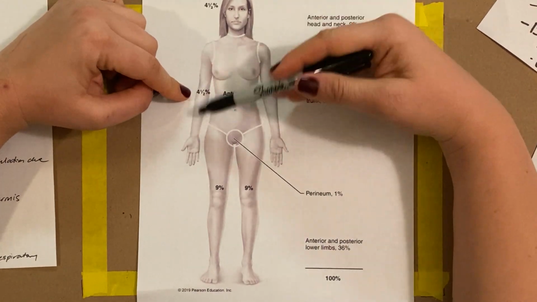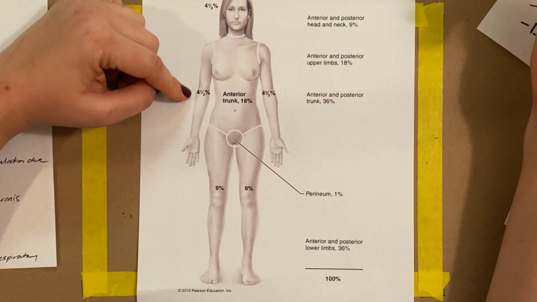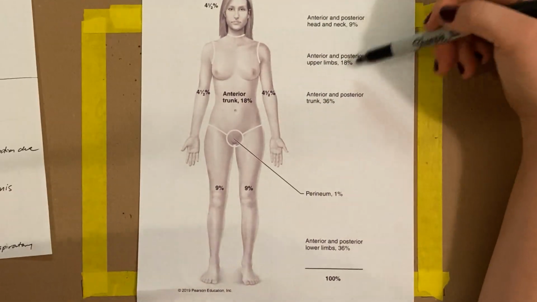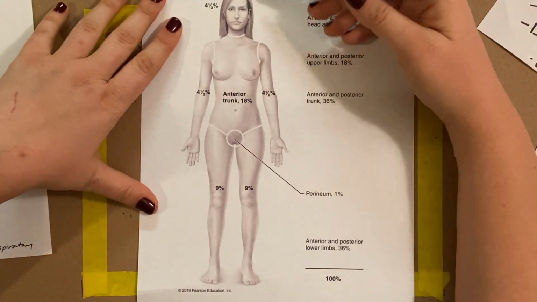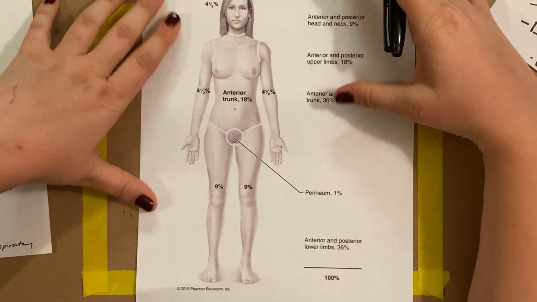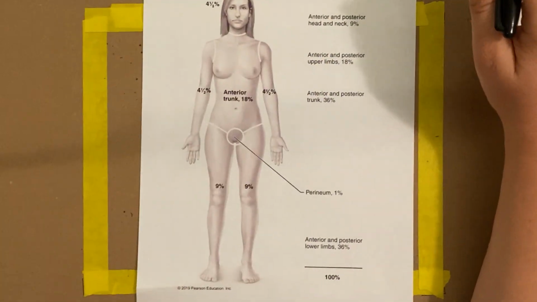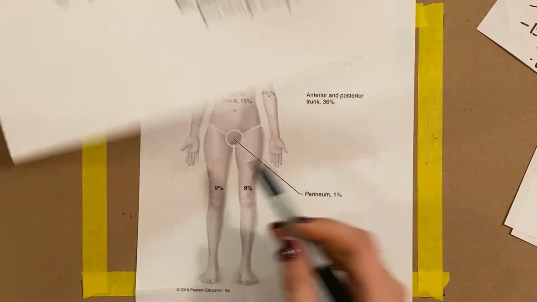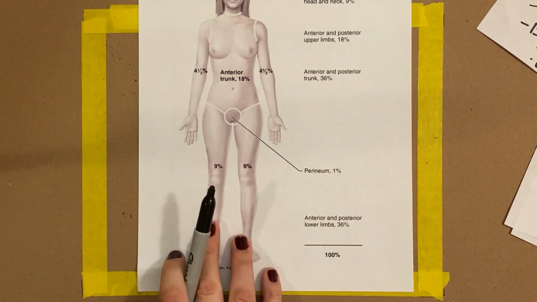So the front of the arm is 4.5%. But if you look on the back, then that would equal 18%. I'm not going to ask you about this, but basically they can figure out, do you have 25% of your body with second-degree burns? So they would add these different regions up.